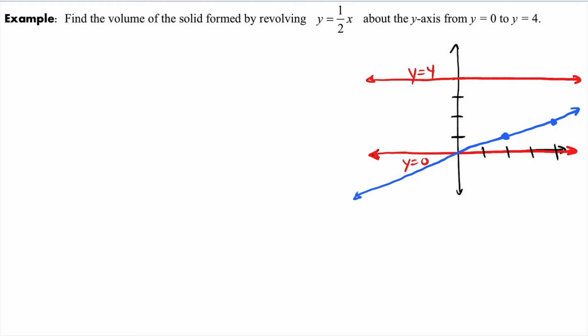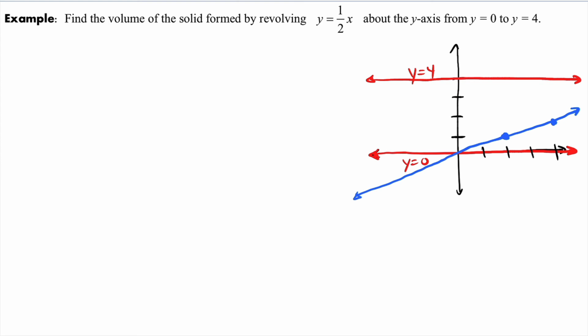So find the volume of the solid formed by revolving about the y-axis from 0 to 4. Here's my question. Where is the bounded area? Because I don't have any bounded areas anywhere.